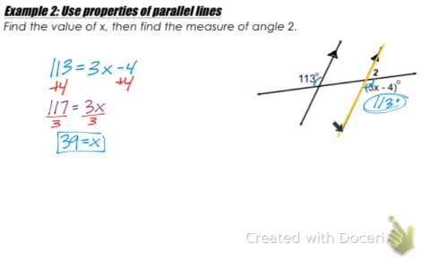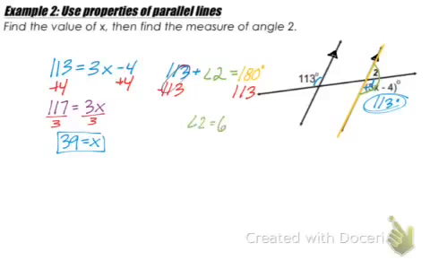A straight angle's measurement is 180 degrees, but because we just have a ray cutting the straight angle into two different angles, if one of them is 113, we have to figure out what its supplement, angle 2, is. So 113 plus angle 2 should be 180 degrees. Subtract 113 from both sides. Angle 2 is 67 degrees.